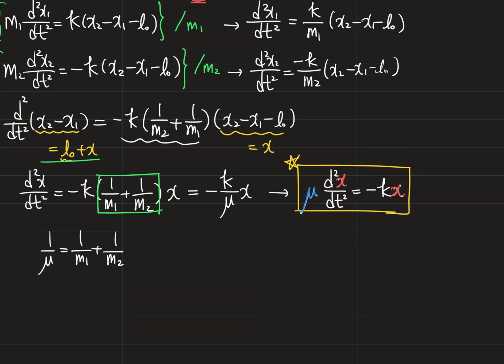And there is another important factor. Now we have the mass mu. So mu is the reduced mass, which is defined something like below.